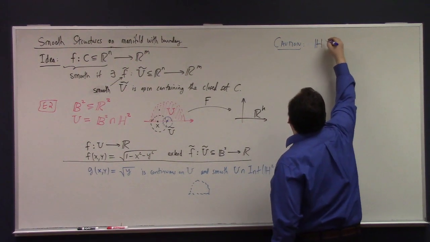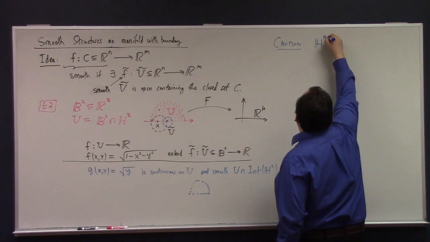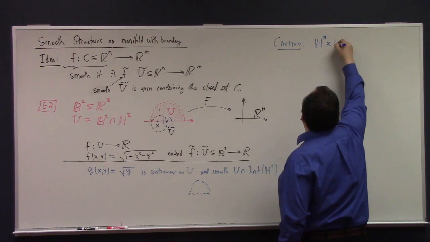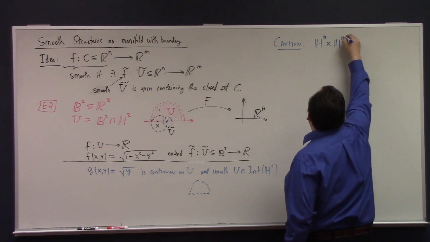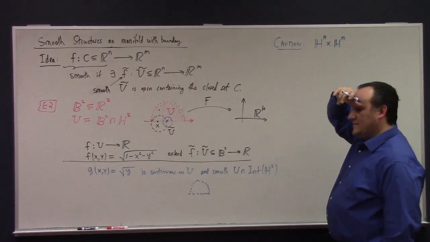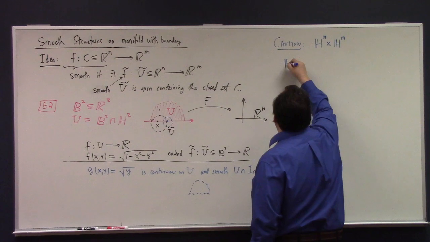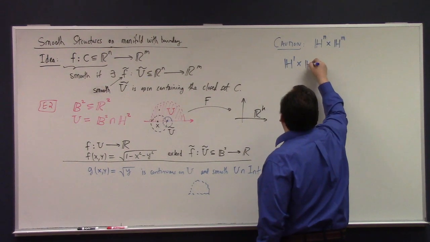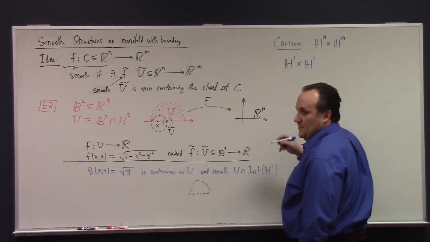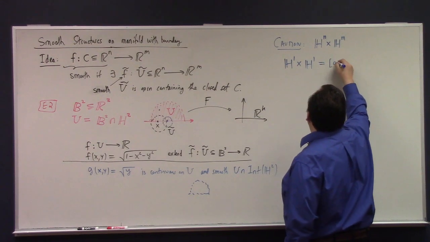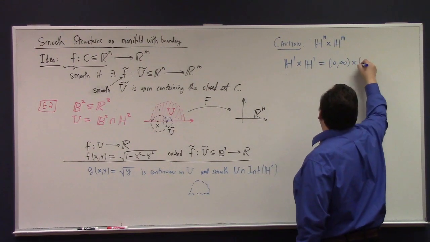Even if we think about the most basic thing, open n-space Cartesian product open n-space. That's actually not the most basic thing. I suppose the most basic silly thing to do would be H1 Cartesian product H1, which would be 0 to infinity Cartesian product with 0 to infinity.